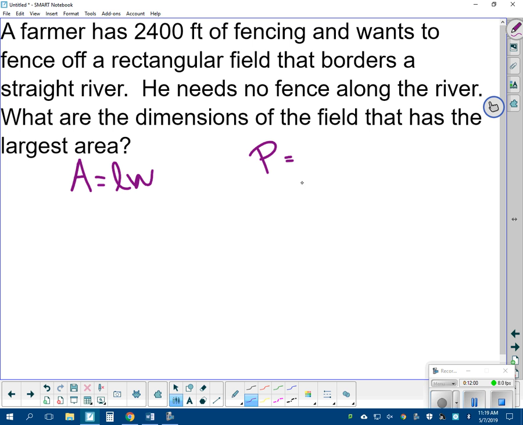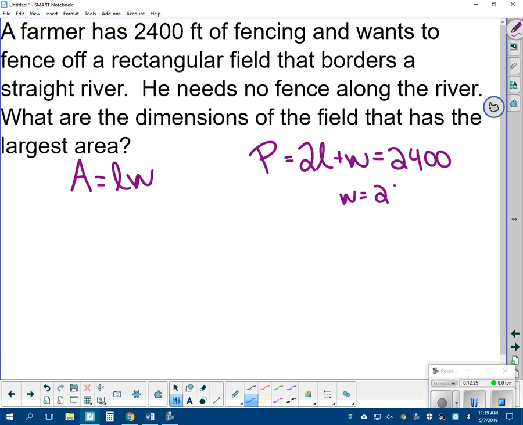It doesn't matter which one you call length and width, but we would have 2 of one of them and 1 of the other, and that is set equal to 2,400. Okay, do you want to solve for L or W? Wouldn't W be easier?